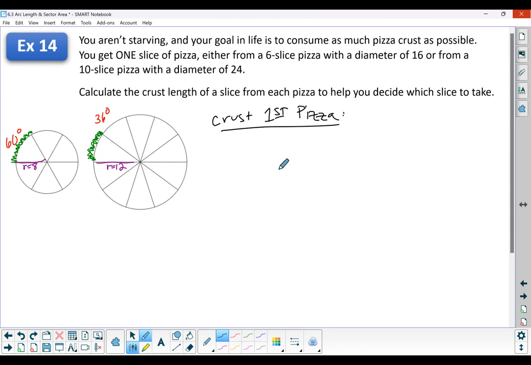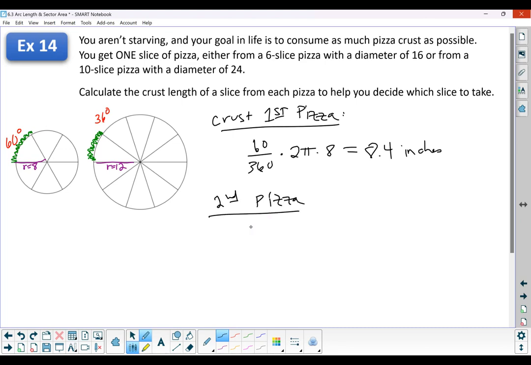The crust from the first pizza, if we're calculating that one, that's going to be 60 over 360. Crust is like circumference, so we're going to do 2 pi times 8. That's 8.4 inches of crust. And for the second pizza, that is 36 over 360.